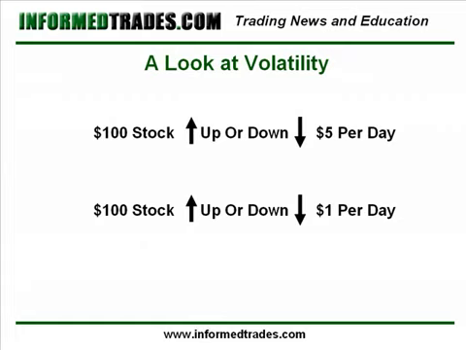As it's probably already clear, all else being equal, if you put a $5 stop on both of these stocks, then you're going to be much more likely to be stopped out on the stock that moves on average $5 a day than you are on the stock that moves on average $1 per day.